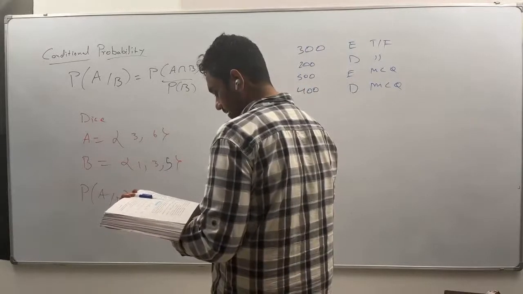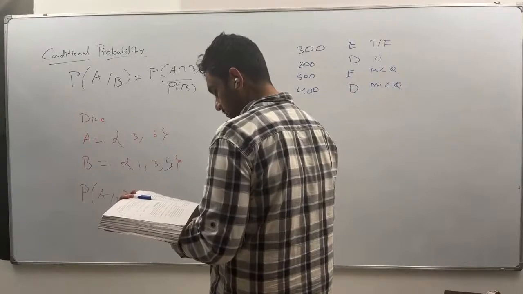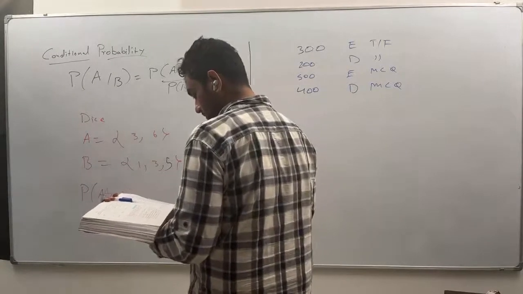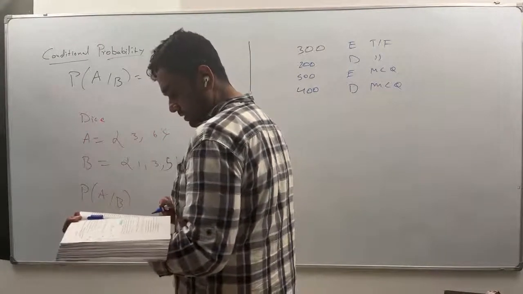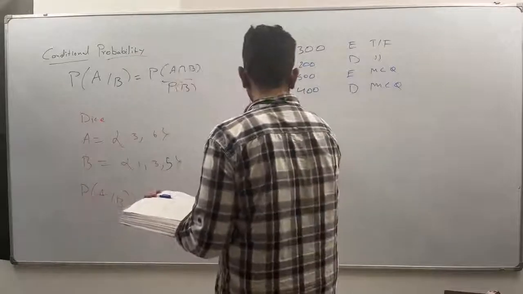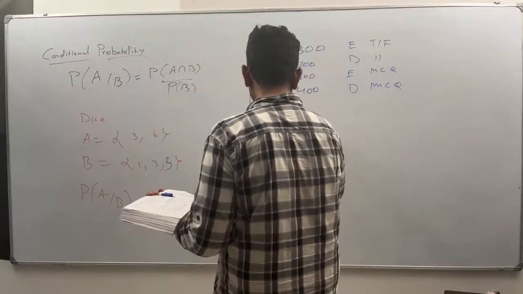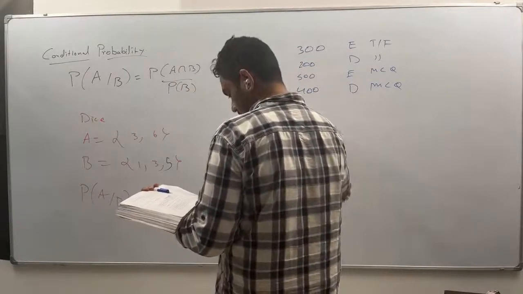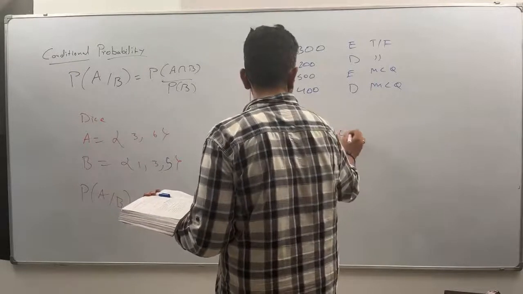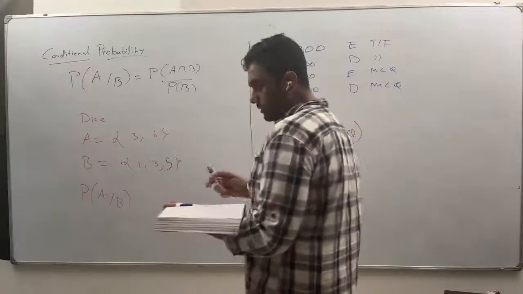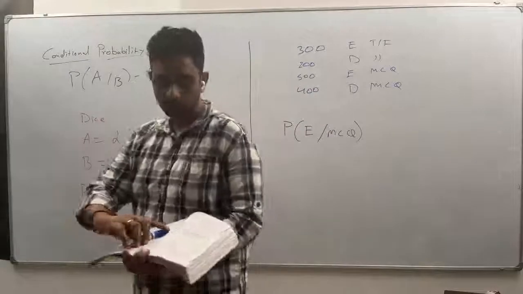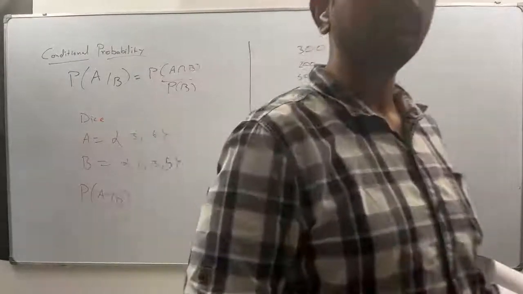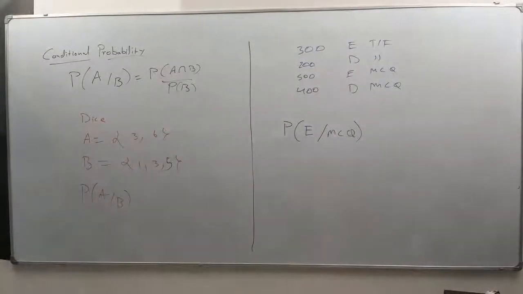Now, if a question is selected at random from the question bank, what is the probability that it's an easy question, given that it's an MCQ? So we have to find the probability of an easy question given that it's an MCQ. What kind of probability can you see over here? Conditional probability. And in conditional probability, how do we simplify it?